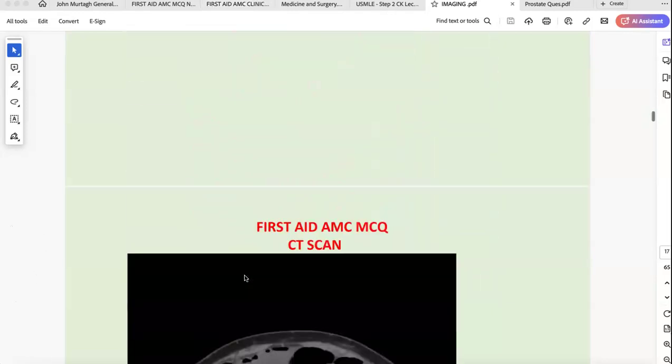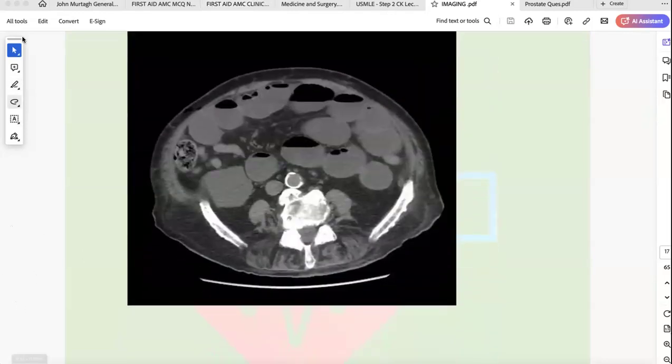Okay. Same in here. You can see in this CT scan, the small bowel is kind of rounded loops, no more a continuous loop of bowel. So this kind of finding we would get in a small bowel obstruction.